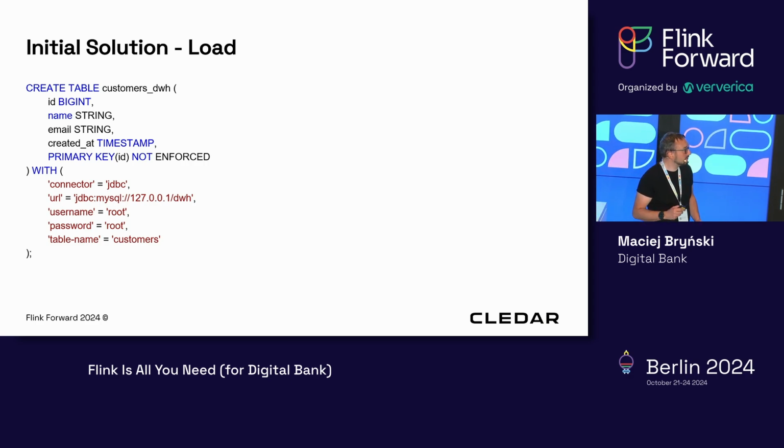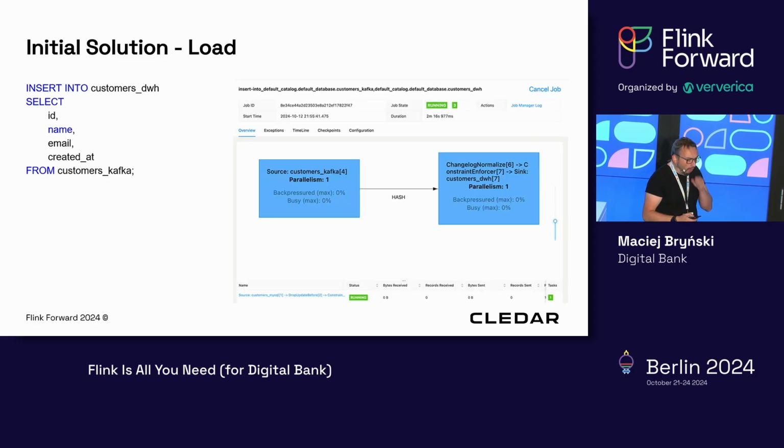An important thing here is that you need to specify all the column names we were using when creating tables. And this is another insert. So this is the load job. We are inserting data from Kafka to the data warehouse. And on the right-hand side, you can see how this job looks in Flink.